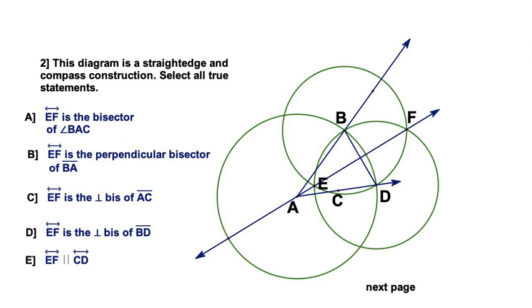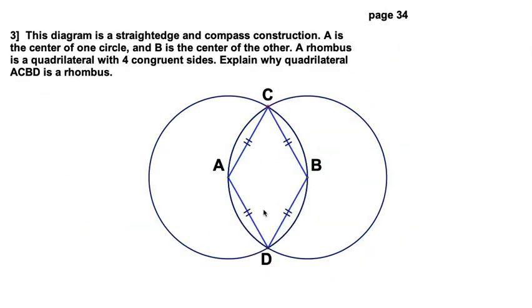Next page. Okay, 34. Now again with the rhombus, we're identifying using words that we've never identified, but I'll go with it. I guess we're saying it right now. It's a quadrilateral with four congruent sides. So how do we know it's a rhombus?